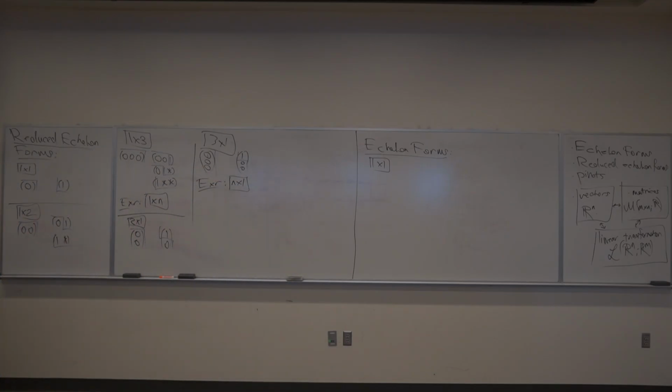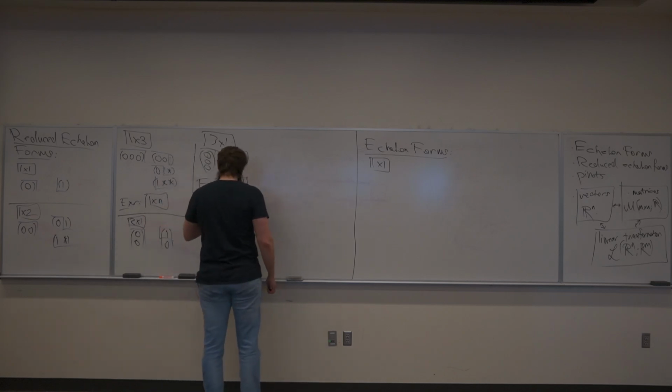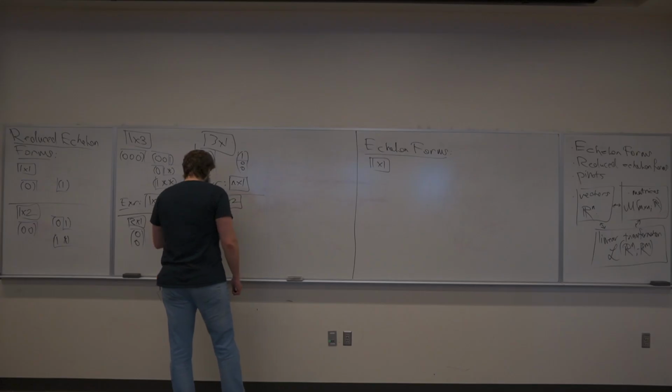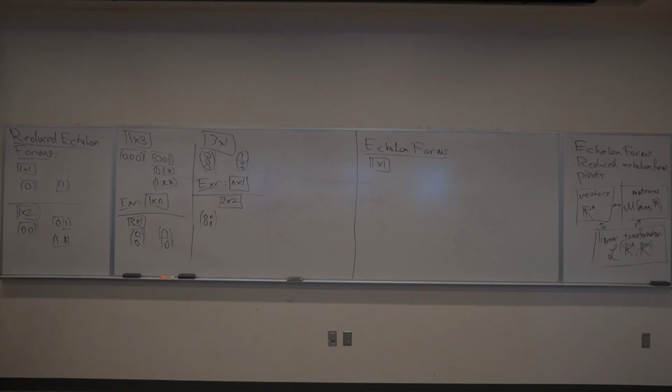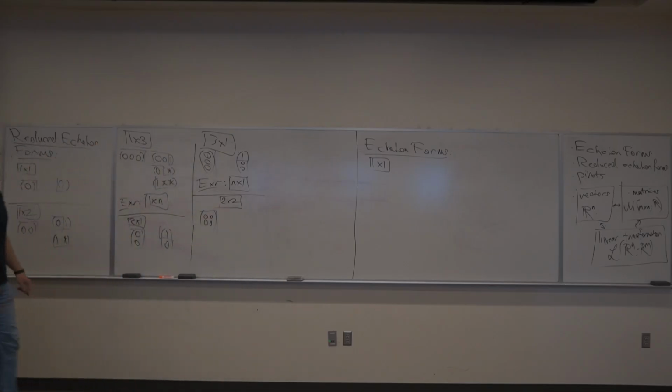Things get a little bit more complicated when both of these dimensions are larger than 1. So for instance, let's look at 2 by 2. What are the possible reduced echelon forms in 2 by 2? I have all zeros, with a staircase like this.